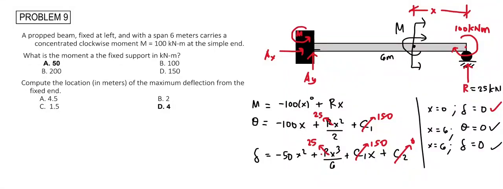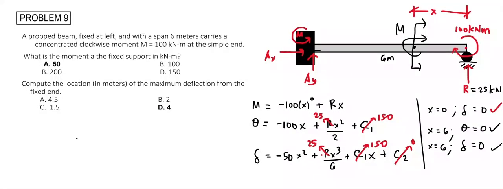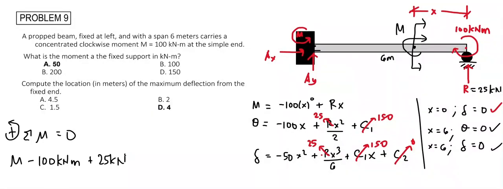Now we can solve for the moment at the fixed support by taking summation of moments at this point here equal to 0. Considering counterclockwise to be positive, we have the counterclockwise moment m minus the 100 kilonewton meter couple that would induce a clockwise moment, so it's negative, plus the moment induced by r, that is 25 kilonewton, times the moment arm distance of 6 meters, all equal to 0.